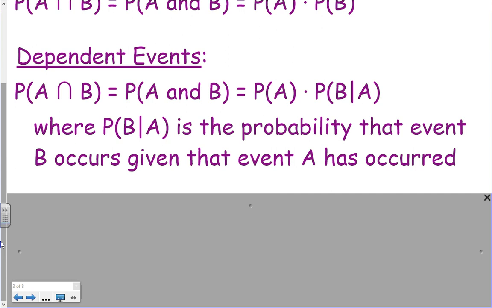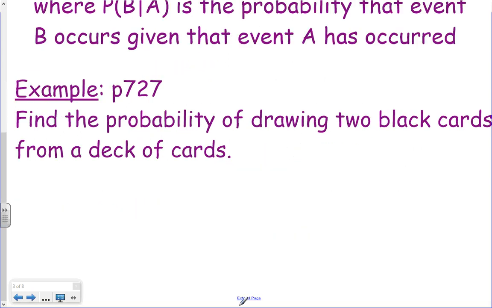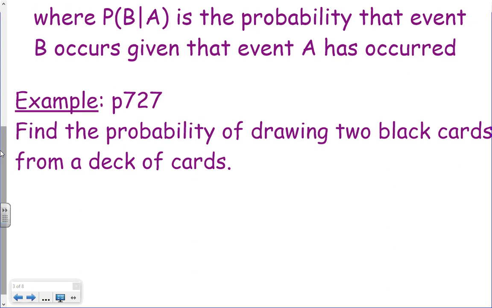All right, let's take a look at an example. This is the example they give us from page 727 in your book. They want us to draw cards from a deck. They say find the probability of drawing 2 black cards from a deck of cards.